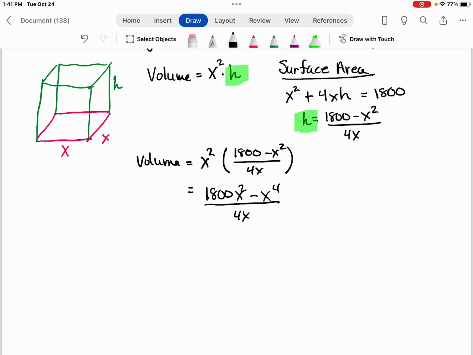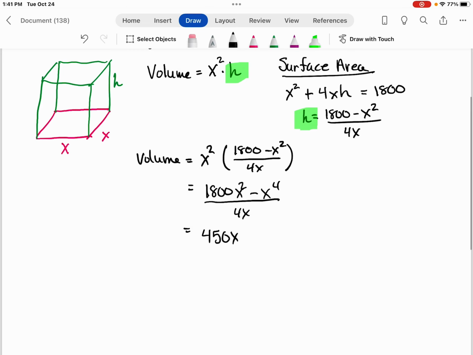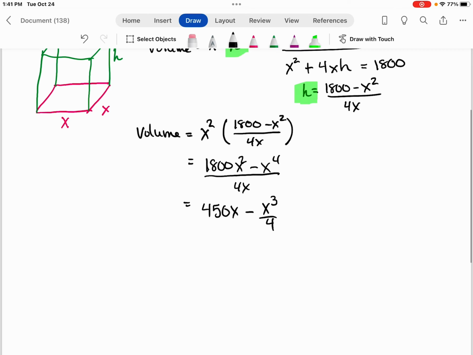And I can simplify this and write 450x if I take the 4x and divide it into the 1800x squared. And then when I take x to the 4th divided by 4x, I get x to the 3rd divided by 4. So here's our equation for the volume, and this is what we want to maximize.